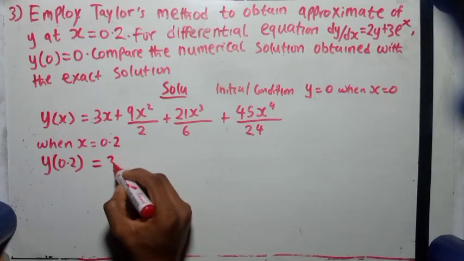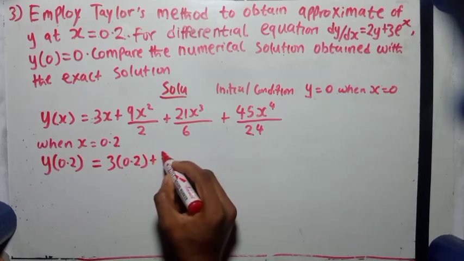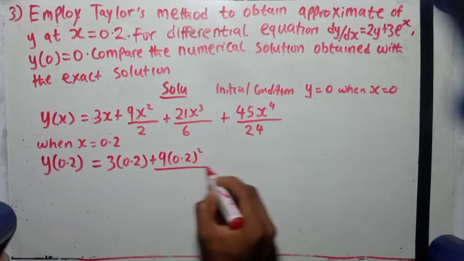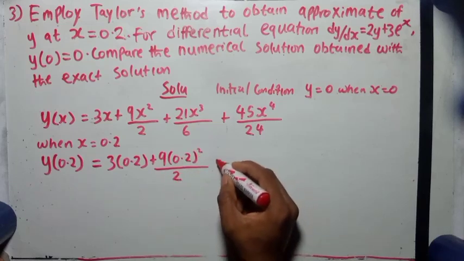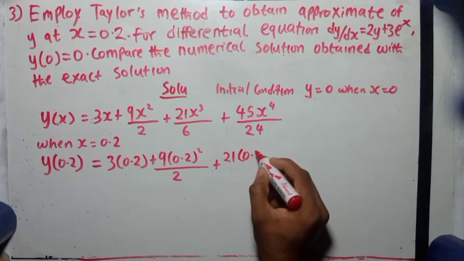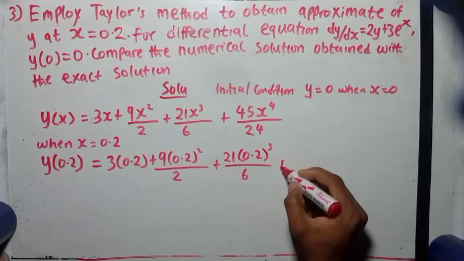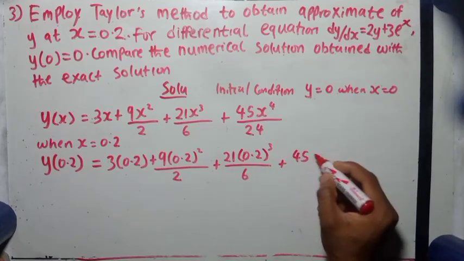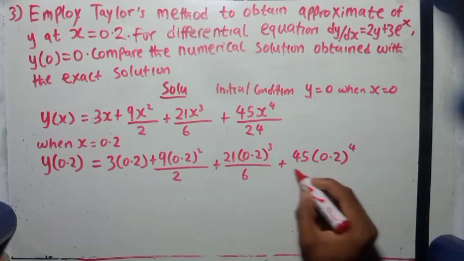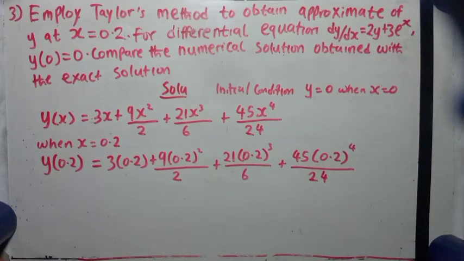Our y is going to be 3 multiplied by 0.2 plus 9 multiplied by 0.2 squared over 2 plus 21 multiplied by 0.2 cubed over 6 plus 45 multiplied by 0.2 to the power 4, all over 24.